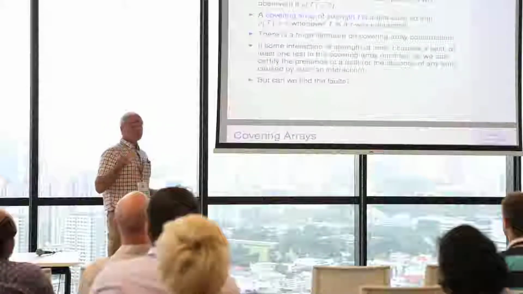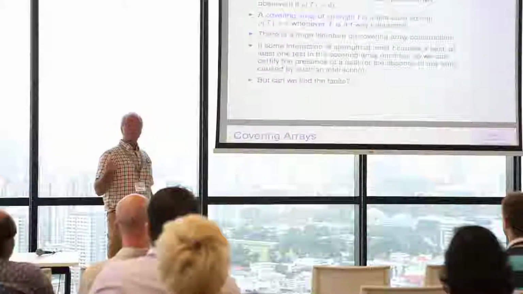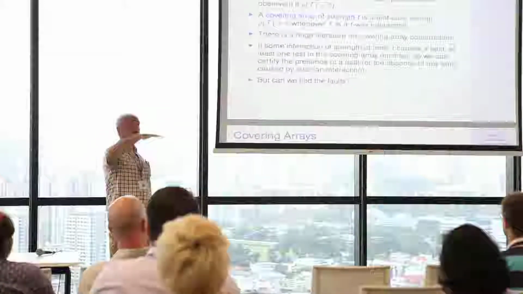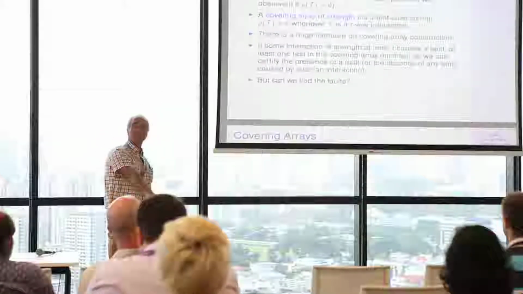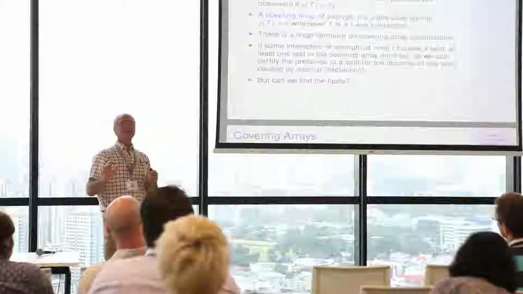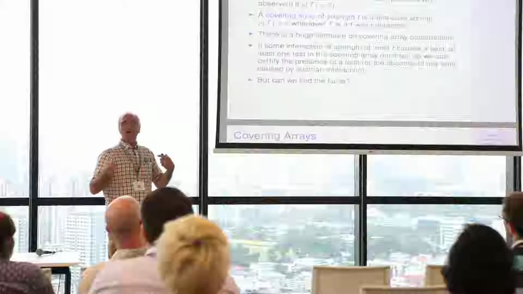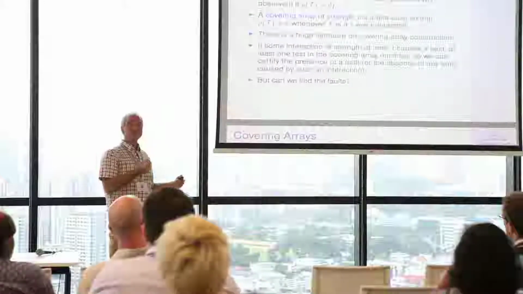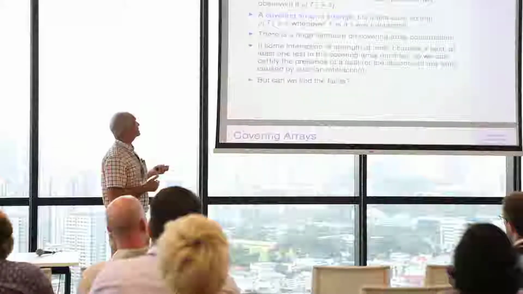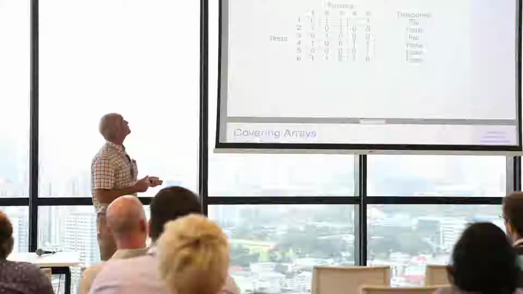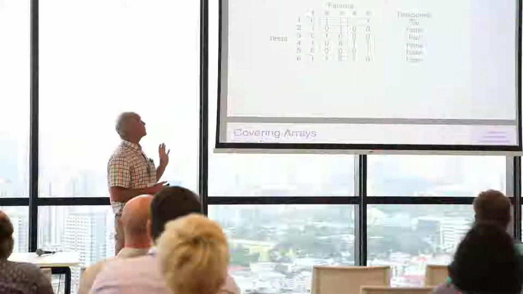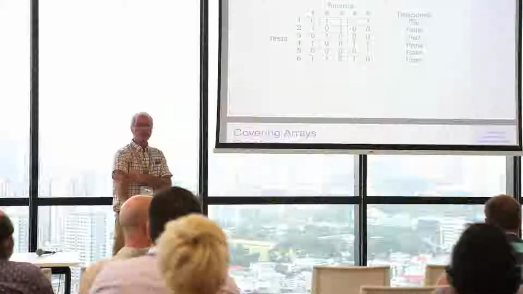So a covering array alone is enough to tell you that there is a fault if you run all of the tests in the covering array, provided that faults are never undone, never masked by other interactions. But the question that's asked here is, can we actually find the faults? Some of you may have seen this before, but I'm going to go through it quickly just to make sure we have the idea straight.